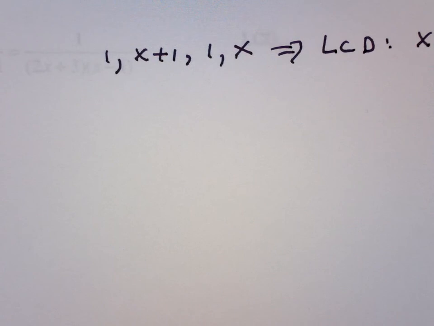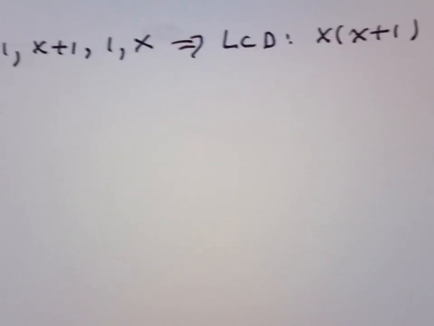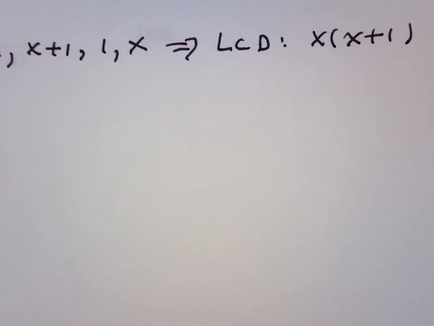In mathematics, whether I'm finding common denominators and putting everything over a common denominator, or simplifying something, multiplying by 1 is an extremely powerful tool. And the one I'm going to choose to multiply by now for the whole problem is going to be x times x plus 1.